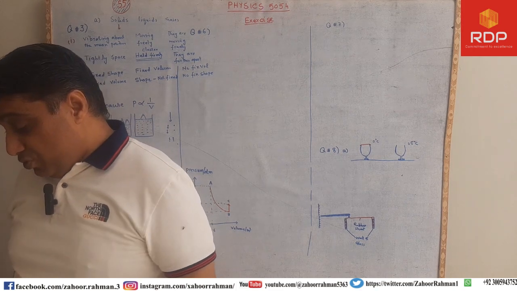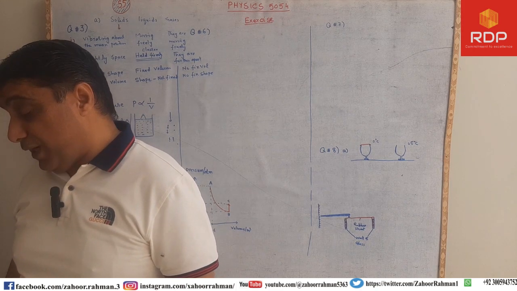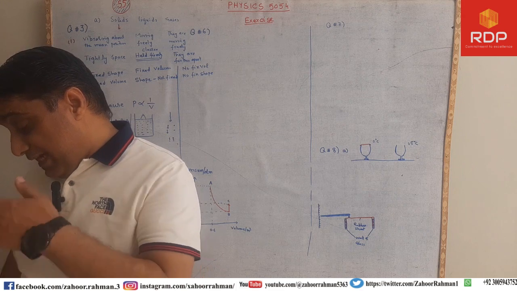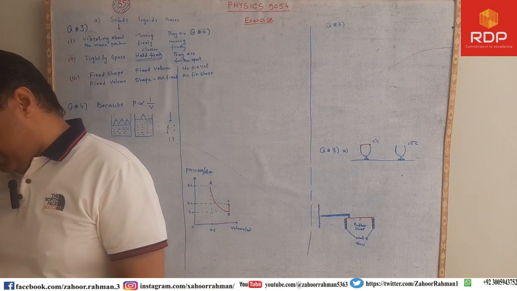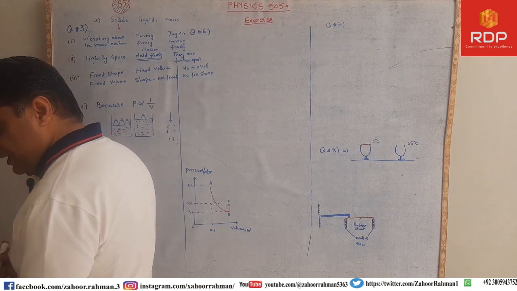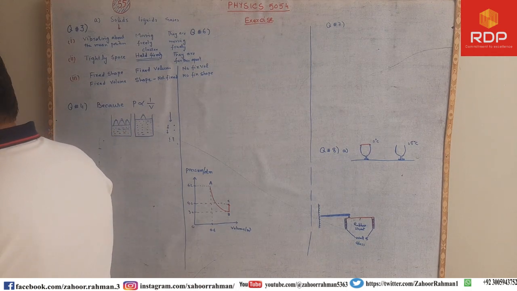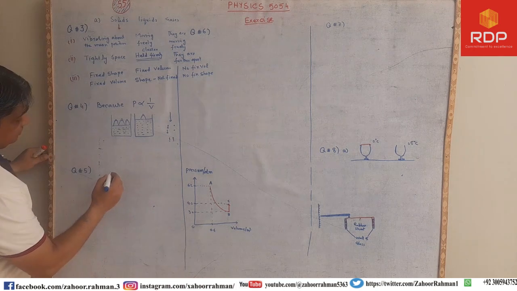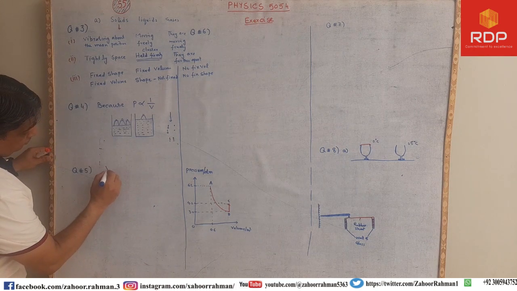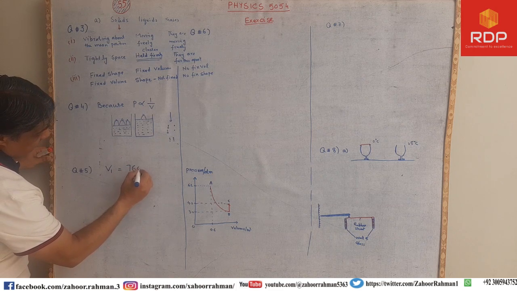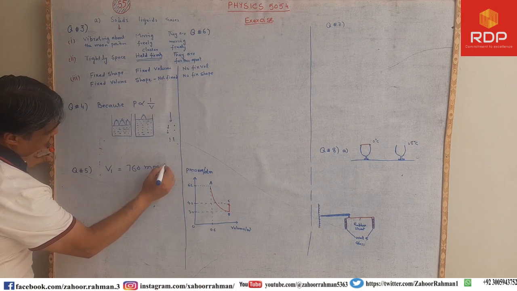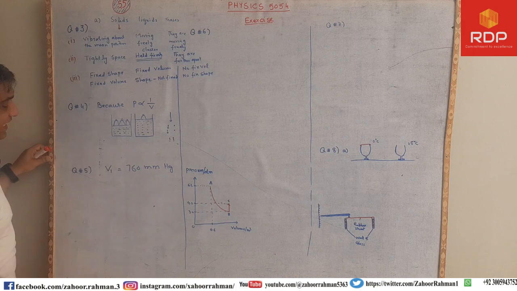Now we are coming to question number 5, and they are saying that the volume of a fixed mass of gas is... 760 millimeter of Hg. So P1 is equal to 760 mm of Hg.